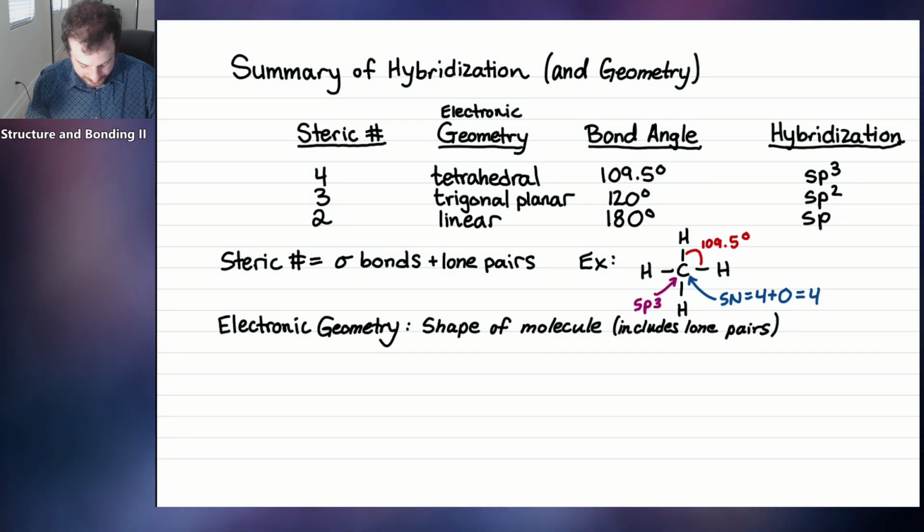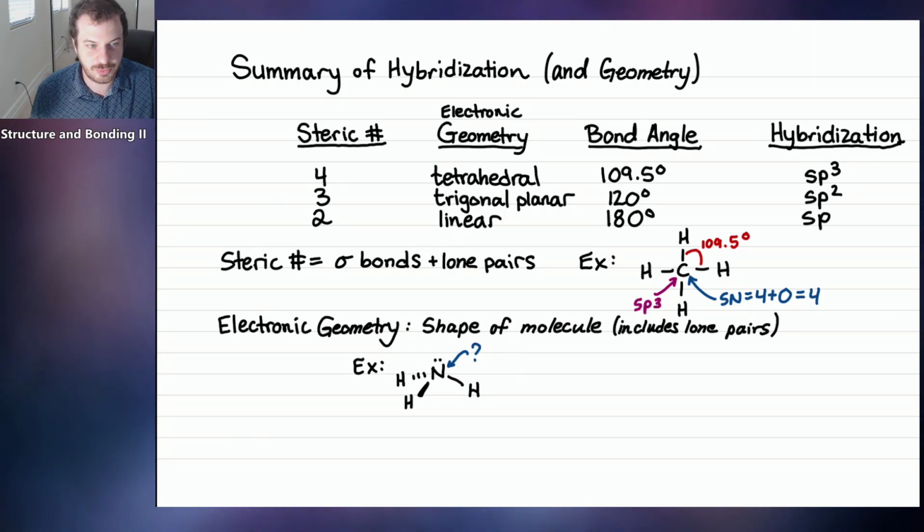Let's do an example of ammonia. So ammonia looks like this. NH3. Let's say I asked you, what is the electronic geometry of nitrogen? Well, the first thing we would have to do is count the steric number. How many sigma bonds do we have? We have 1 sigma bond, 2 sigma bonds, 3 sigma bonds, and 1 lone pair.